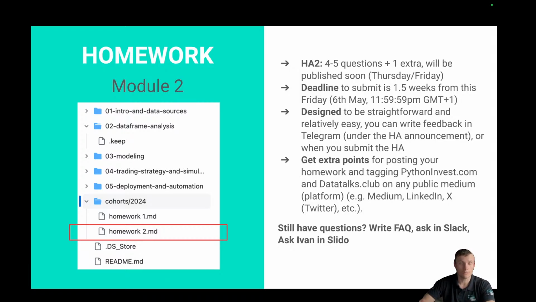Again, there are no correct answers. It's just for you to think about, to read and design your own strategy. The deadline will be the same, approximately 1.5 weeks: Monday in 2 weeks from now, or 1.5 weeks from this Friday.